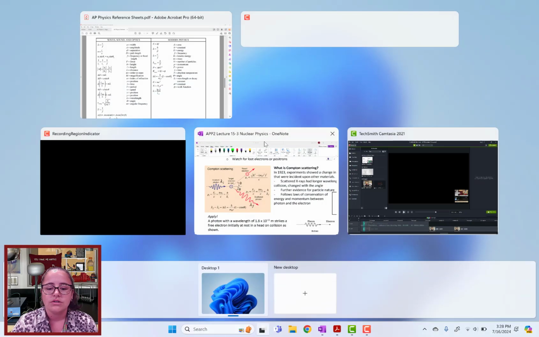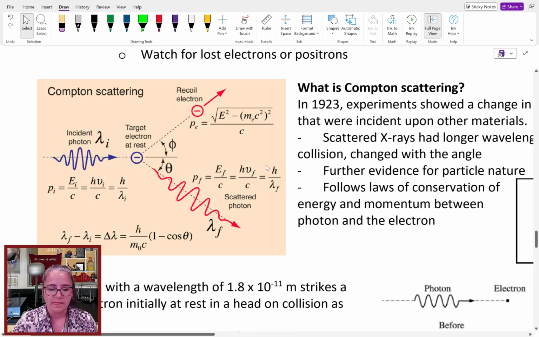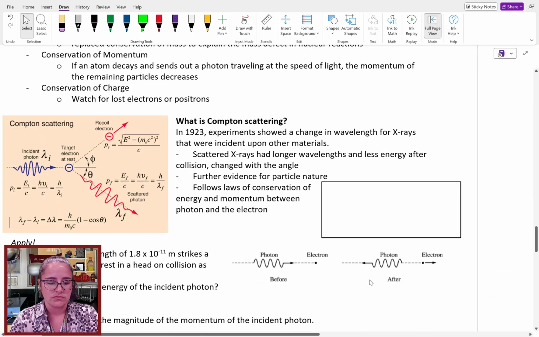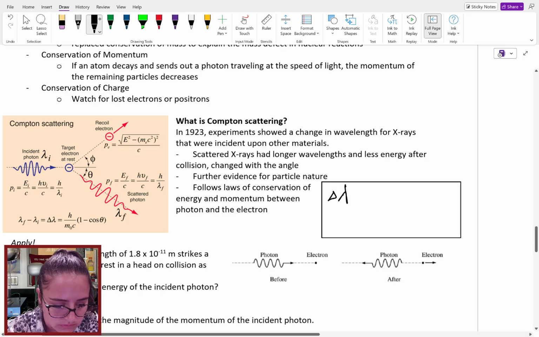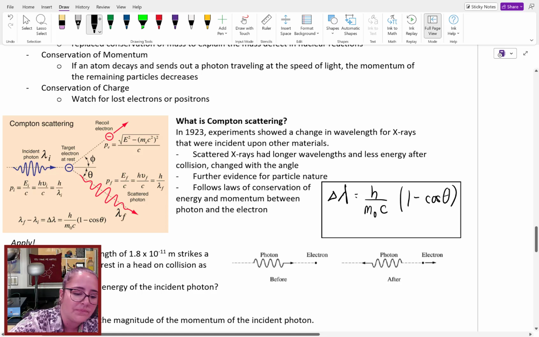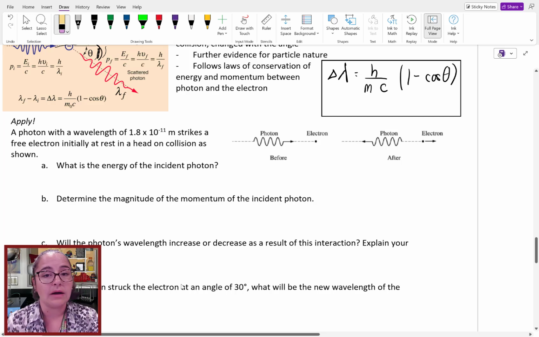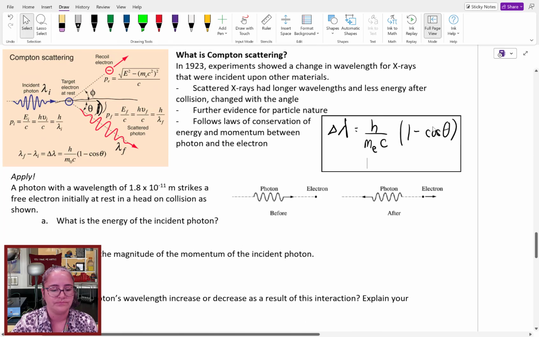It says that the change in wavelength of the photon that was scattered equals h over m naught c times 1 minus cosine of theta, where theta is the angle between where it was traveling and where it was scattered. In our class, we'll only be doing this where it's colliding with an electron, so divided by the mass of the electron times c.